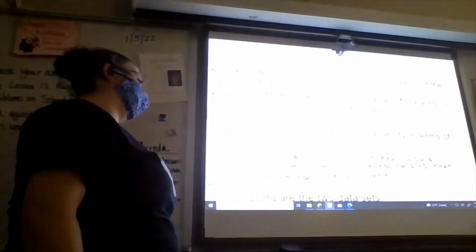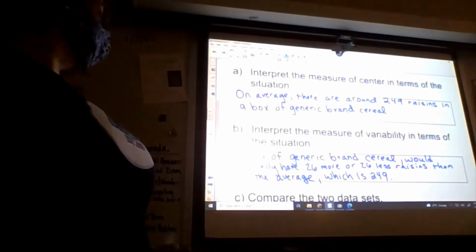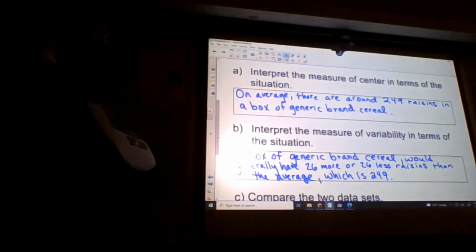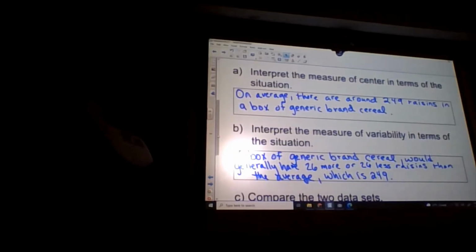So this one would be expected to have like 223 up to 275. So that would be the range.